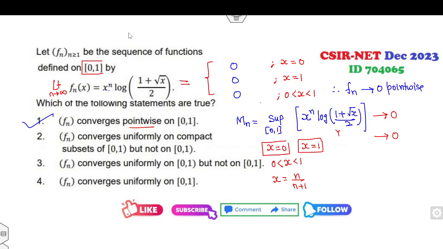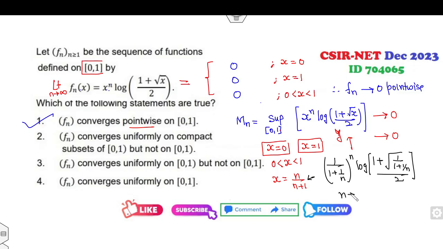Moreover, you can also think like this: if I consider this as my y, it is increasing. Otherwise, no issue, I can start with this case. If I substitute this value, it is 1 over n, fine, into log of (1 plus 1 over 1 plus 1 over n) divided by 2.